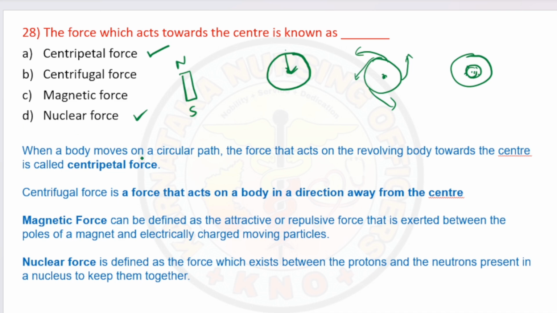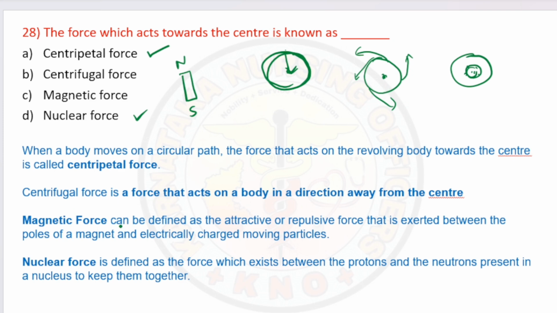So when a body moves on a circular path, the force that acts on the revolving body towards the center is called centripetal force. So the answer is centripetal force for this question. And the centrifugal force is a force that acts on a body in a direction away from the center.